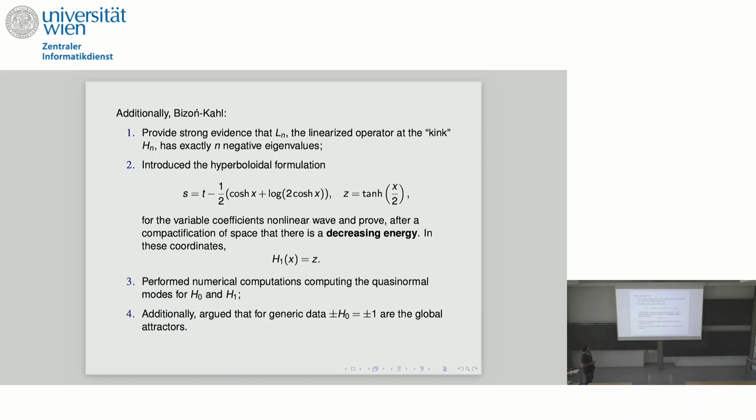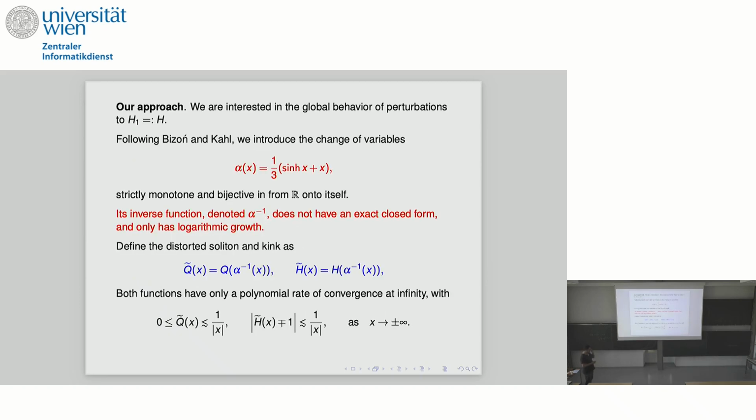So what we are going to try to do here is follow one of the key ideas that Bizon and Kahl introduced in their paper, which is the following. There is a change of variables in the problem given by this alpha of x.